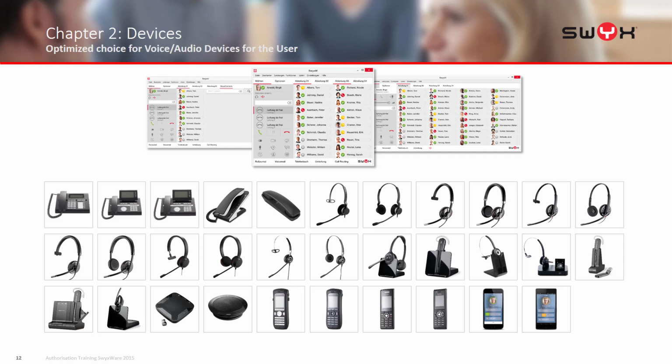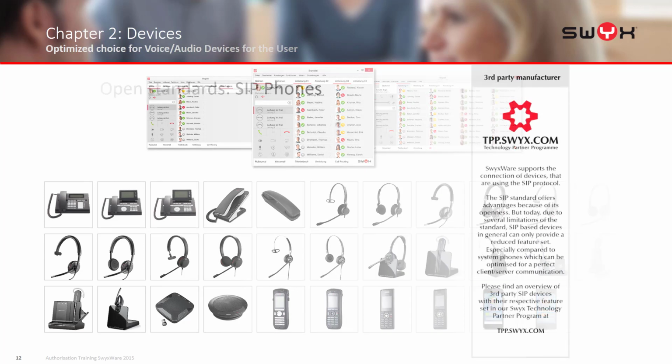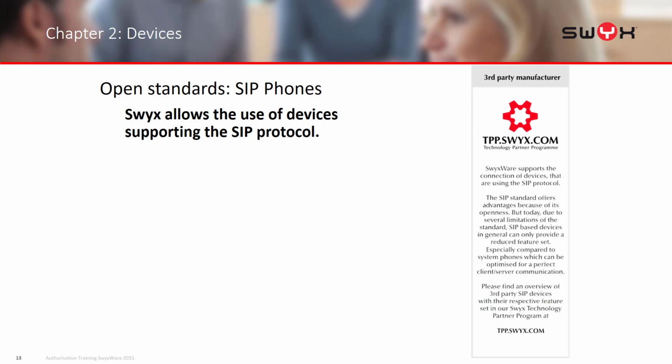So the soft client can be tailored and altered to fit the end user's requirement, and the hardware devices, well, these are the devices on our price list, but you can put any SIP device on Swyx at no additional cost and use that as an extension if you so desire. As long as it supports the SIP standards, then it should work.